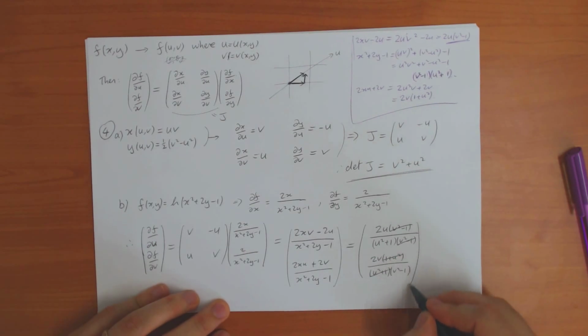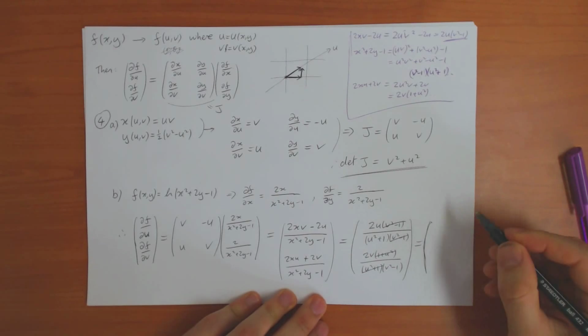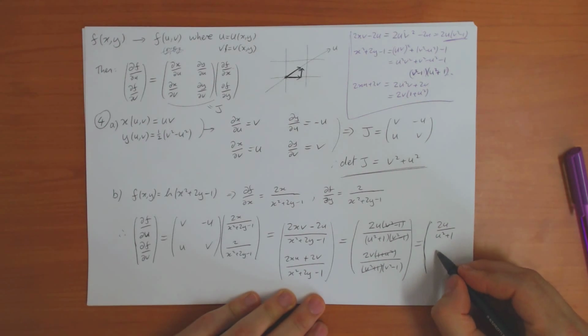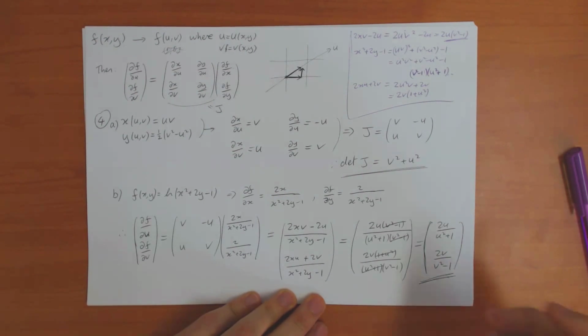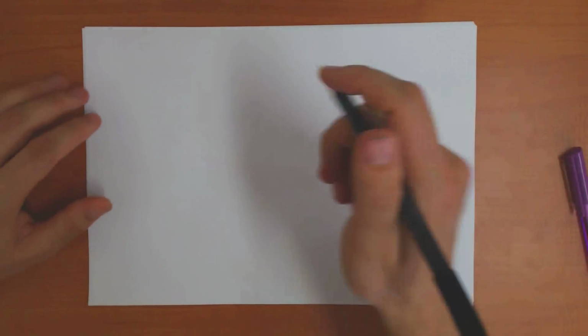Again, they nicely cancel. So the final answer is 2u over u squared plus 1 and 2v over v squared minus 1. There we go. Okay, so that's the end of question 4.